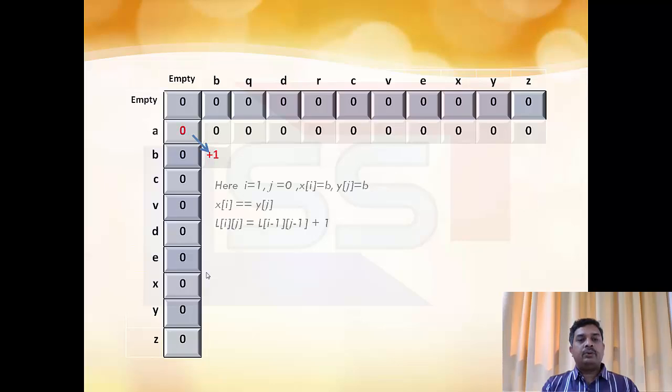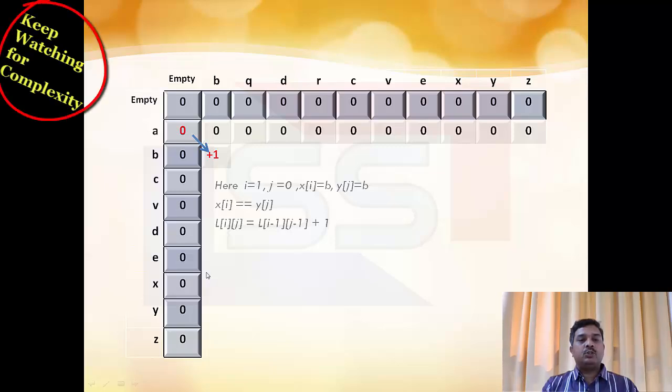Here i equal to 1 and j equal to 0. You can see xi value is B here and yj value also is B here. Now it matched. So what we are going to do? Xi equal to yj, so L[i][j] value we want to take as L[i-1][j-1] plus 1.